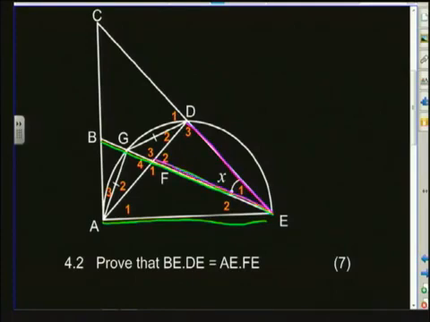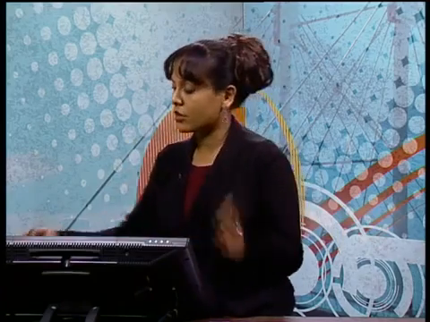Okay, so the triangles that's indicating that we're going to be working with is triangle FDE and triangle BEA. Those are the two triangles we're going to be working with, and we're going to need to try and split this ratio up to see it a little bit more clearly if we really need to. If we haven't shown this on the diagram, split the ratios up and see that those definitely are the two triangles that you're going to be working with.